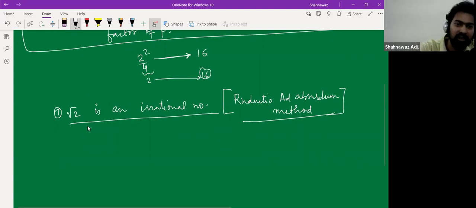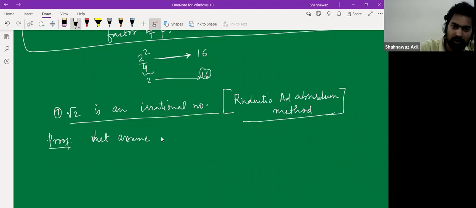So this is the proof. Let's assume that root 2 is a rational number. So we can write root 2 as p by q.